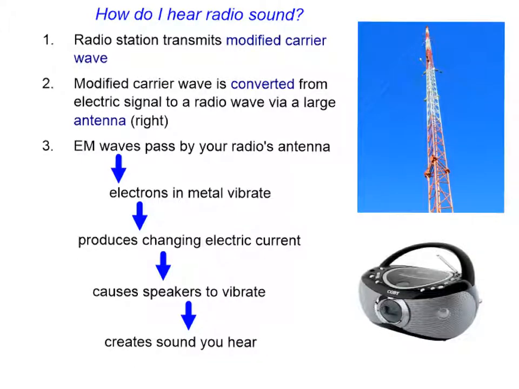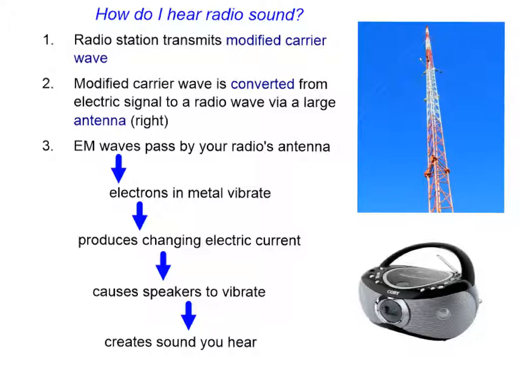So how does this all fit together? How do I end up getting my music coming out of my radio? Well, first, the radio station transmits this modified carrier wave, and then the modified carrier wave is converted from an electrical signal to a radio wave via a large antenna like this one.